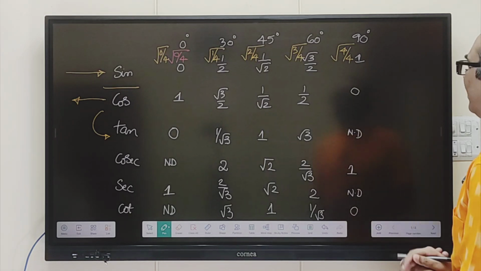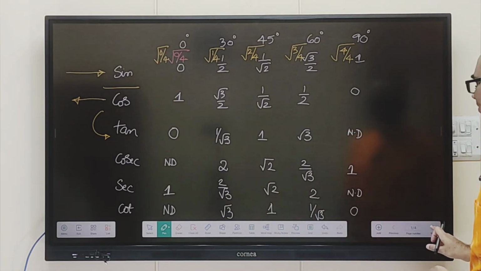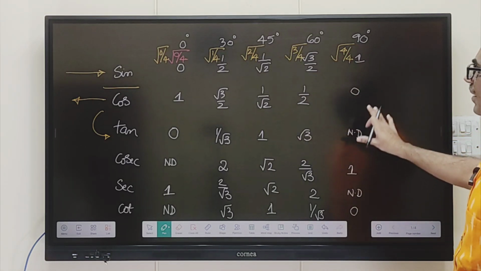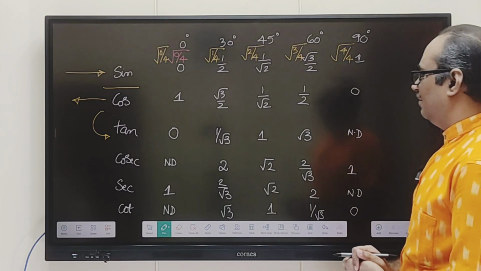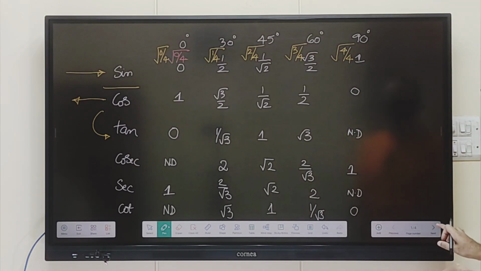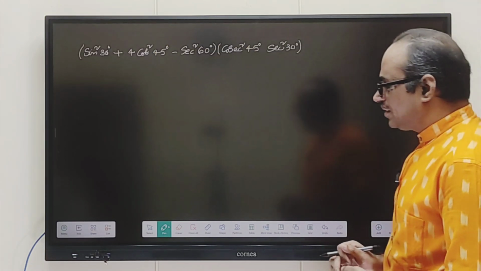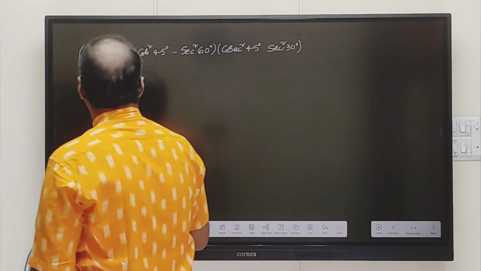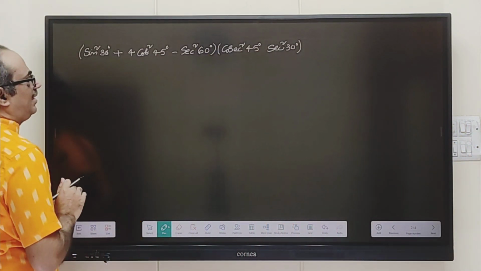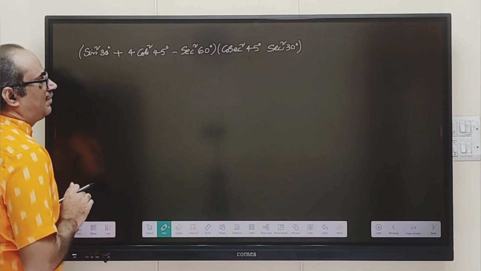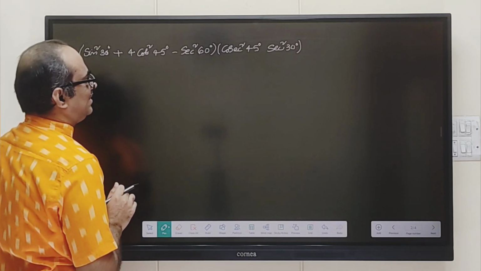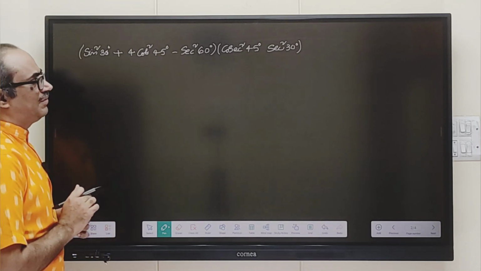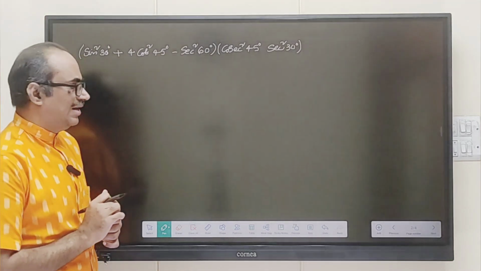Now let's try to solve some simple problems based on this. So this trigonometric table, you should remember it so that you can solve the problems. Let's look at our first question. The first question says that we have sine square 30 plus 4 cot square 45 minus secant square 60 multiplied with cosecant square 45 and secant square 30.